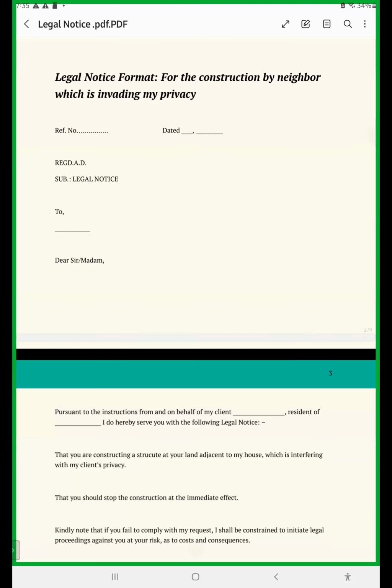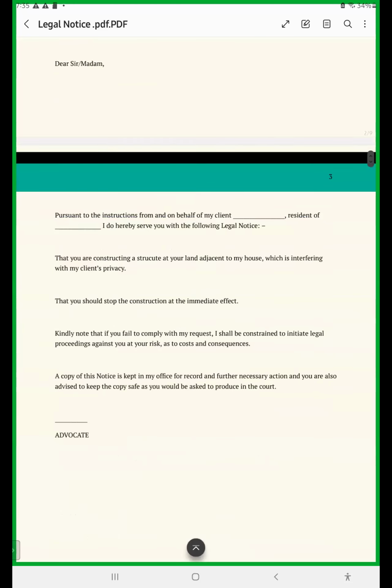Okay, pursuant to the instruction from and on behalf of my client, name of your client, resident of, you need to write the registered address, I do hereby serve you with the following legal notice. First, that you are constructing a structure on your land adjacent to my house which is interfering with my client's privacy, that you should stop the construction with immediate effect.